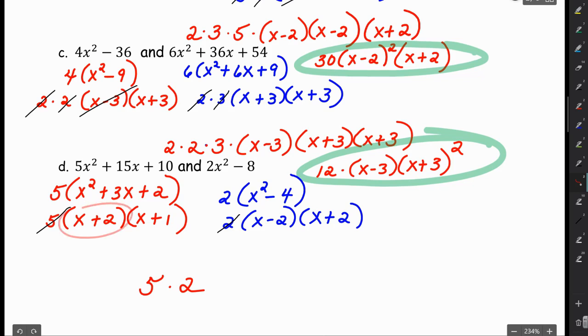Occurs once here, it occurs once here, so I only need to write it once. Then we have x plus 1, it only occurs once, so we need to write it once. And then we have x minus 2, it only occurs once, so we only need to write it once.